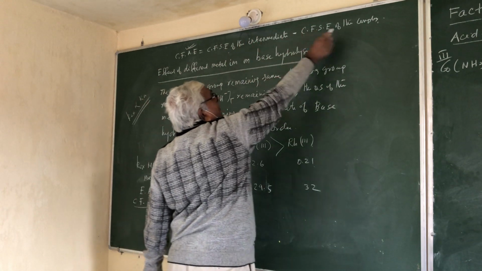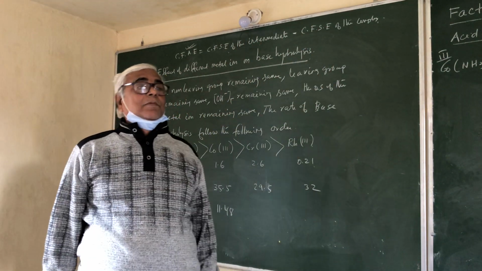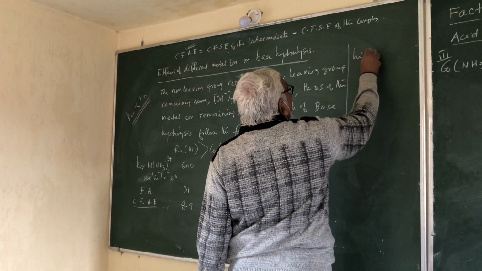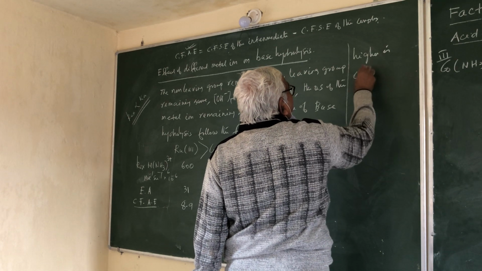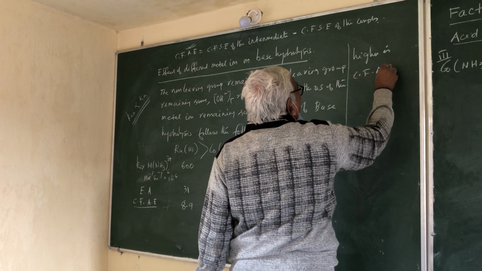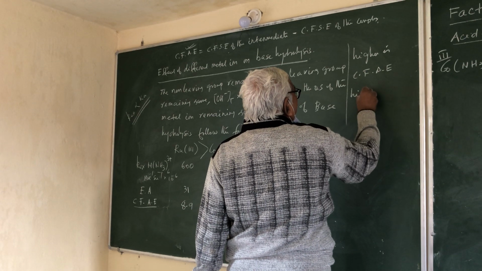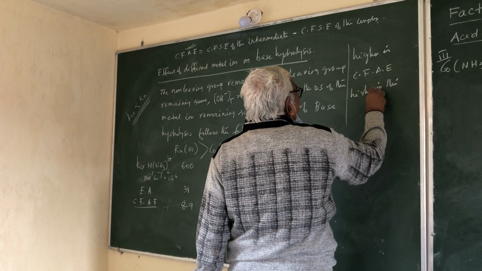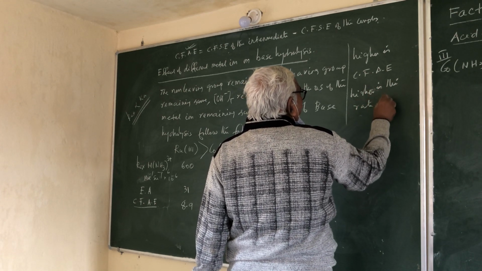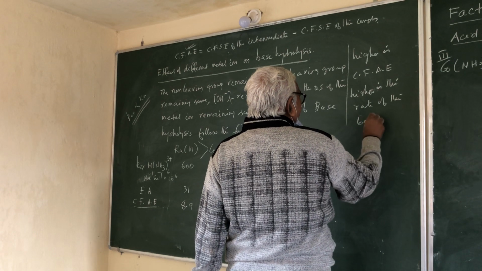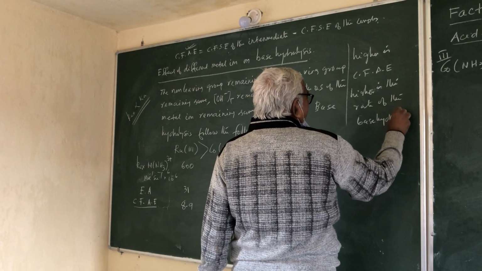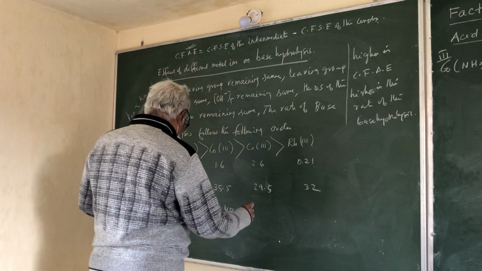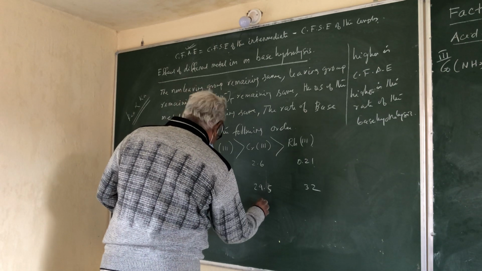If the intermediate is more stabilized than the complex, the reaction will be faster. So crystal field activation energy is favoring cobalt and rhodium.